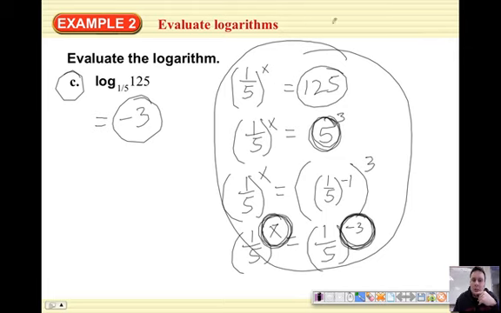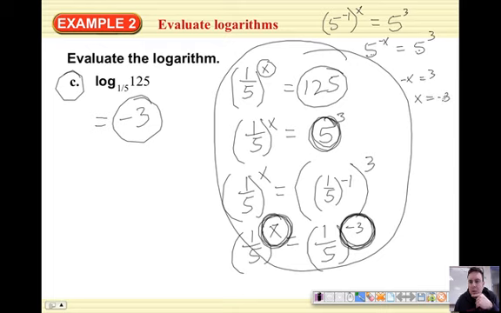I'm going to change 1/5 to 5 to the -1, to the power of x. So we have this equals 125, which is 5 cubed. So look at that: 5 to the -x equals 5 cubed. All you have to do is say, well, they're the same base. So -x has to equal 3, which means x equals -3.